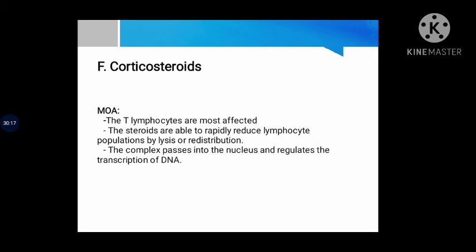The T lymphocytes are most affected. The steroids are able to rapidly reduce lymphocyte population by lysis or redistribution. On entering cells, they bind to the glucocorticoid receptor. The complex passes into the nucleus and regulates the transcription of DNA.